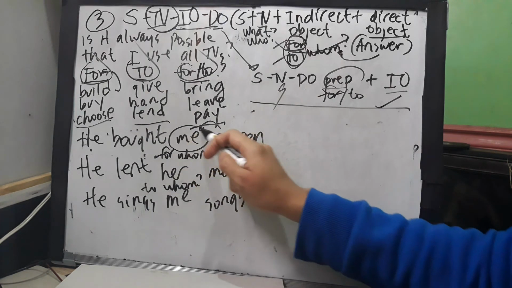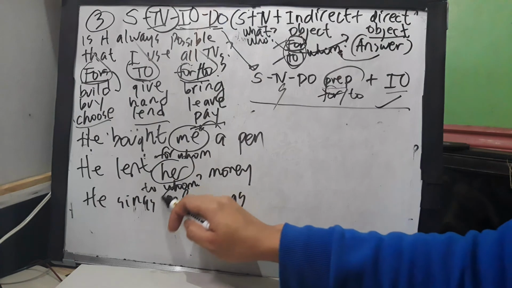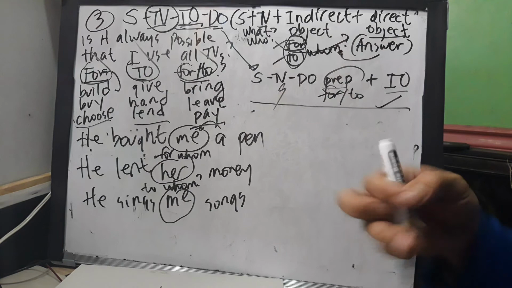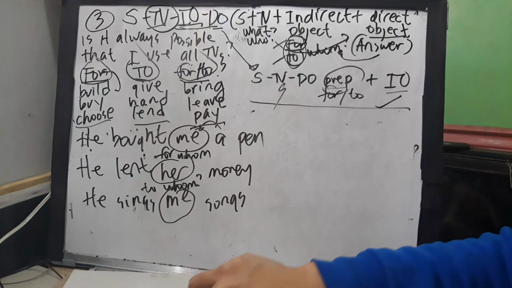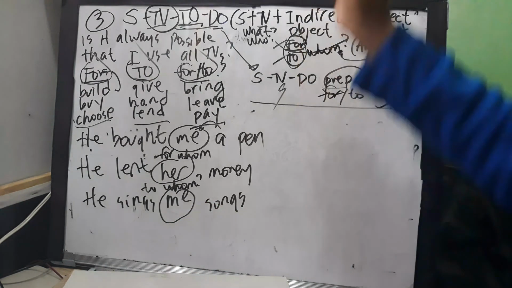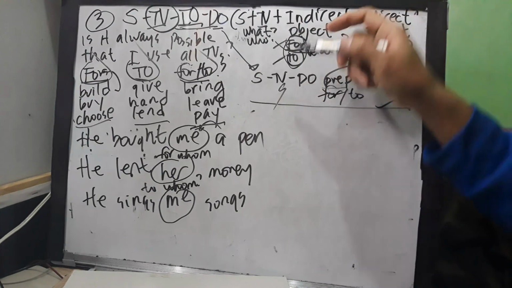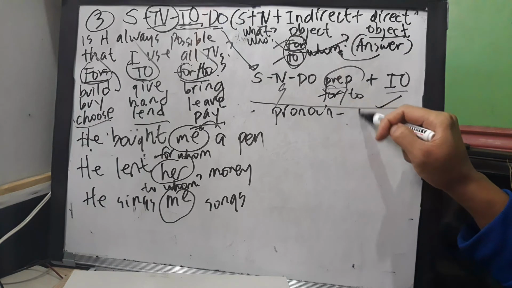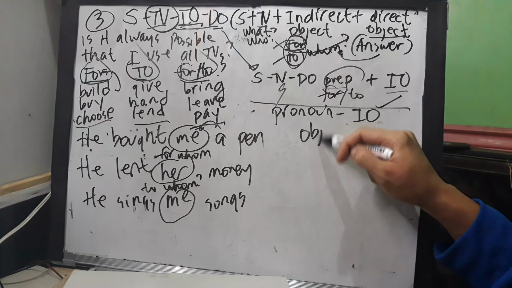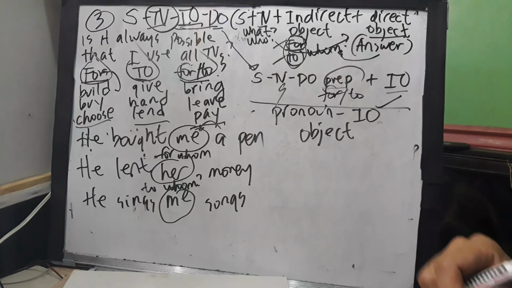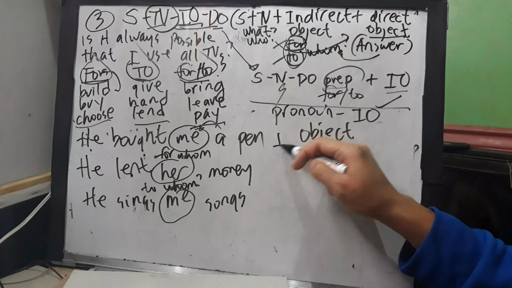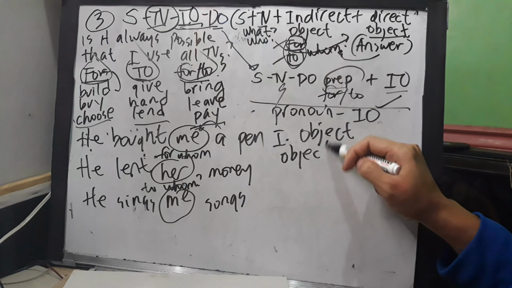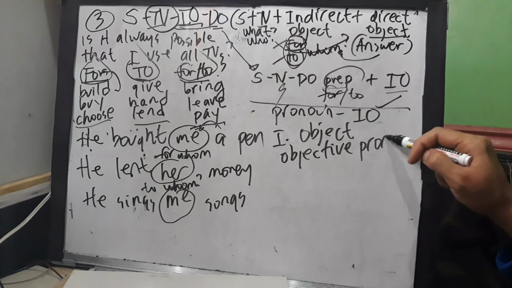And as you notice, guys, with the second set of my examples, I use a pronoun as my indirect object. And if I use a pronoun as an indirect object, it is the same thing. In the direct object, we use the objective pronoun. The same in your indirect object, we still use objective pronouns.